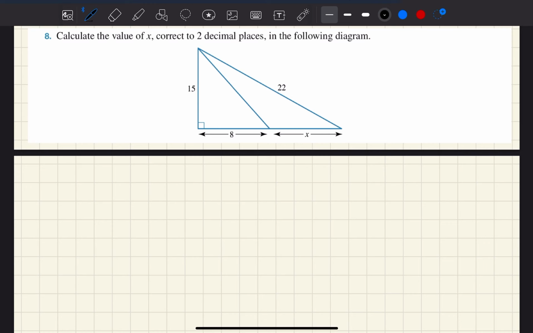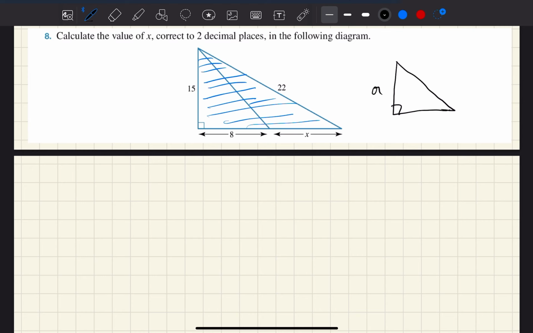So what you want to do is look at the big triangle, the whole thing, because we know with Pythagoras, as we agreed earlier, that if this is A, this is B and this is C, and you know two of the sides, you can solve for the other one.